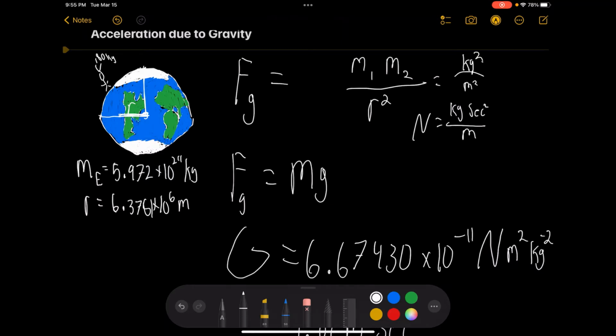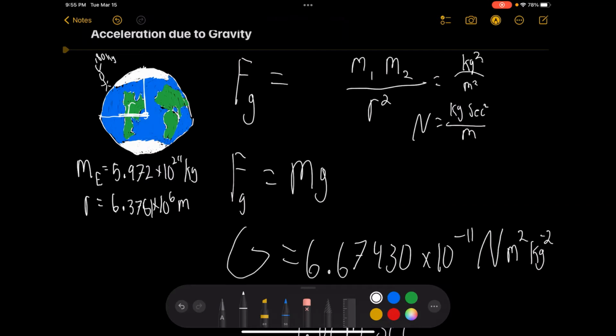Simple. We add the universal gravitational constant, which has units of newton meters squared per kilogram squared. When you multiply by this number, the meters squared and kilograms squared will cancel out, and you'll be left with newtons.